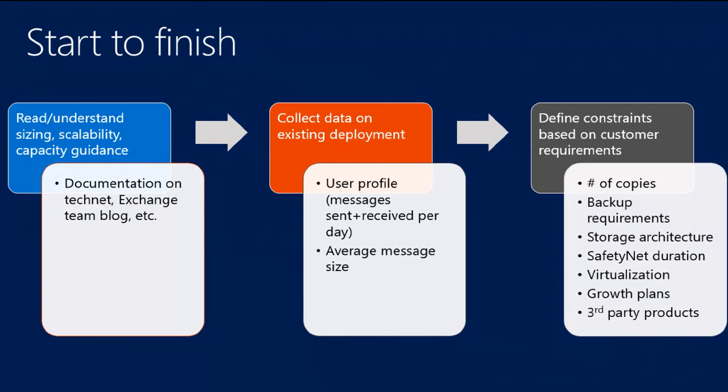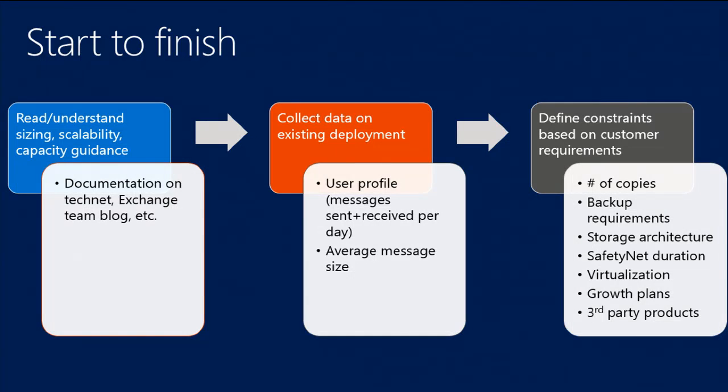So EPA is not an option with 2010 and 2013, but you can get this data from message tracking logs, and you can also estimate this data based on performance counters. And there's some information on the message tracking log method of collecting this data in the sizing guidance blog post that I'll give you a link to towards the end.